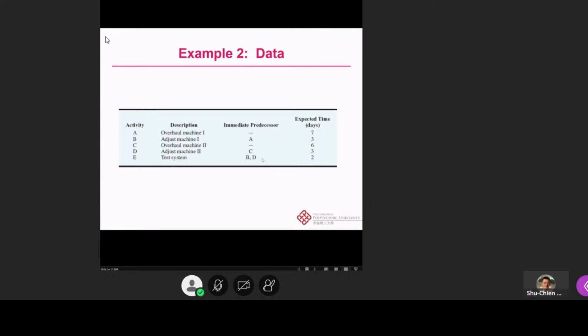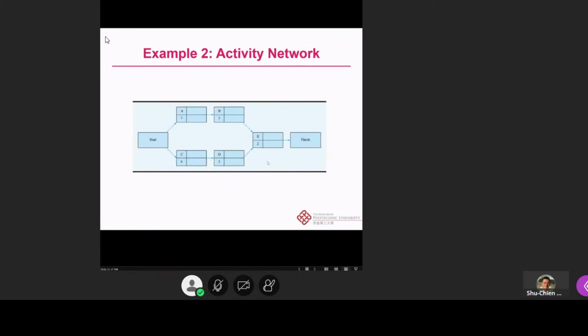Here is the data we have: activity A is overhaul machine 1, B is adjust machine 1, C is overhaul machine 2, D is adjust machine 2, and activity E is test system. You can also see the immediate predecessors and activity times for all the activities.